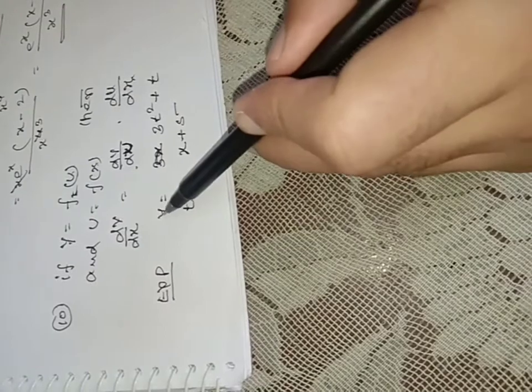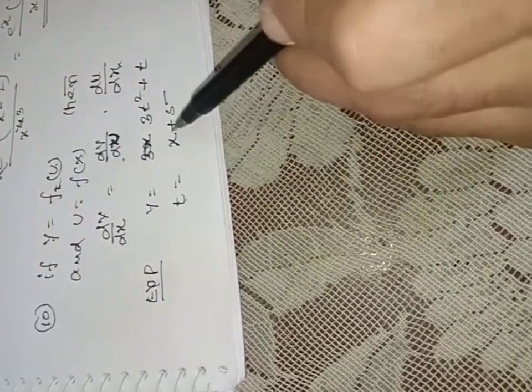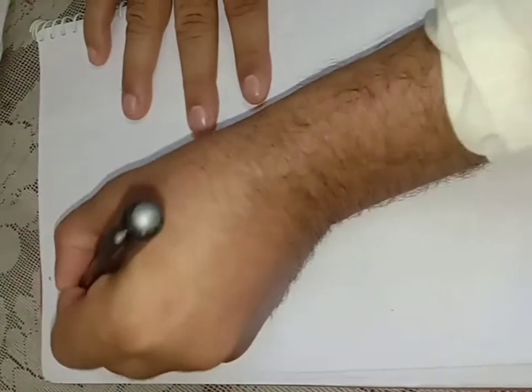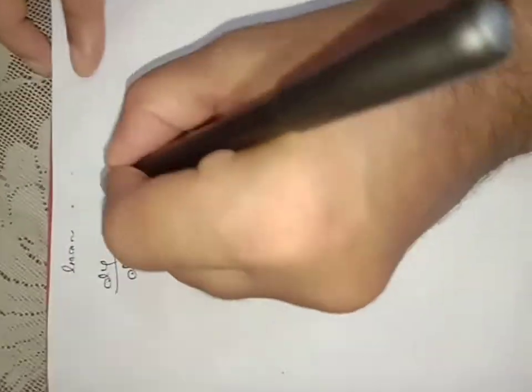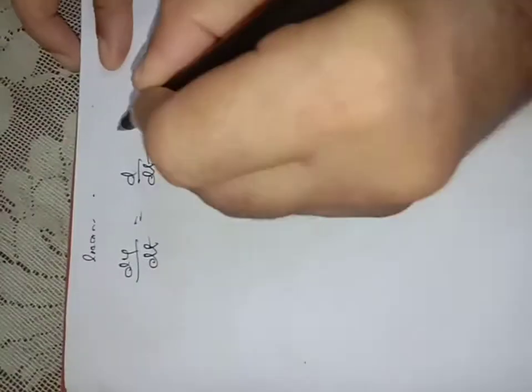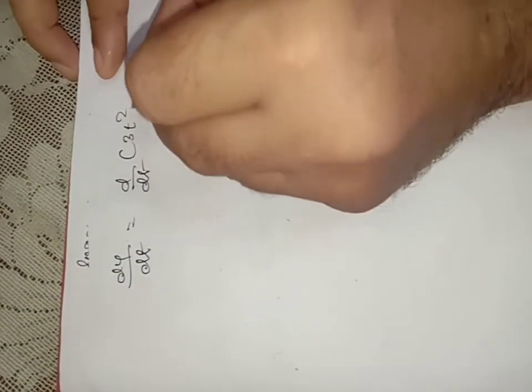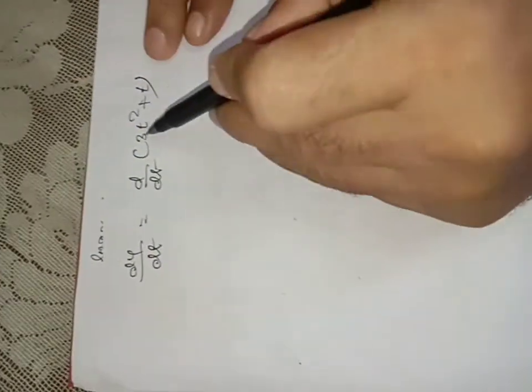It means we can differentiate y with respect to t and t with respect to x. So you will get dy upon dt. First differentiate y with respect to t. So that is dy by dt of 3t square plus t. Instead of y, write down 3t square plus t.